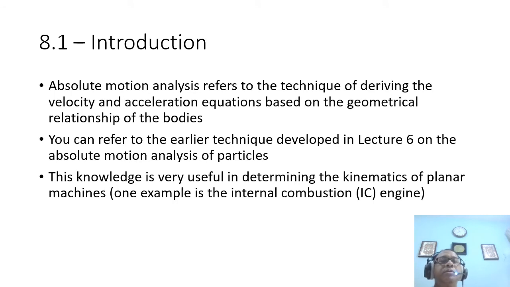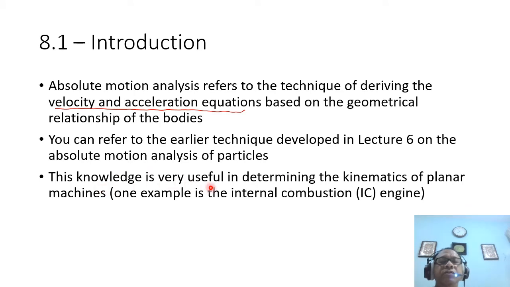So absolute motion analysis refers to the technique of deriving the velocity and acceleration equations based on the geometrical relationship of the bodies. You can refer to the earlier technique developed in lecture 6 on the absolute motion analysis of particles.